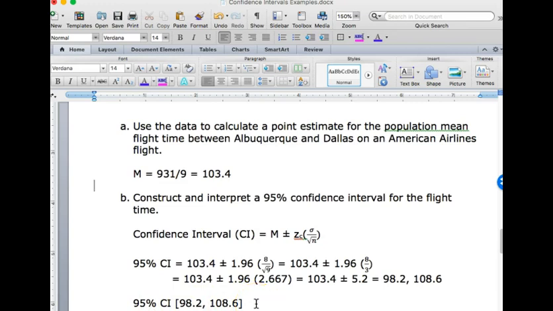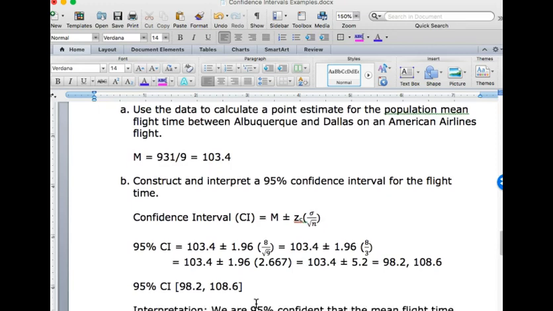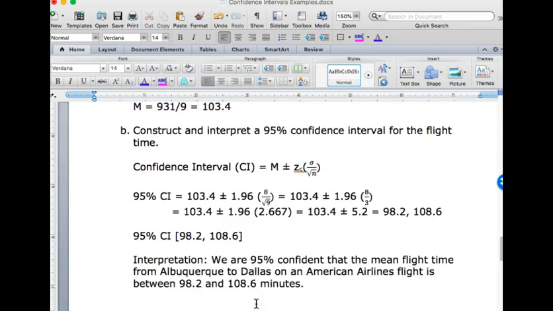So 95% confidence interval, open bracket, 98.2, comma, space 108.6, close the bracket. The interpretation? We are 95% confident that the mean flight time from Albuquerque to Dallas on an American Airlines flight is between 98.2 and 108.6 minutes.